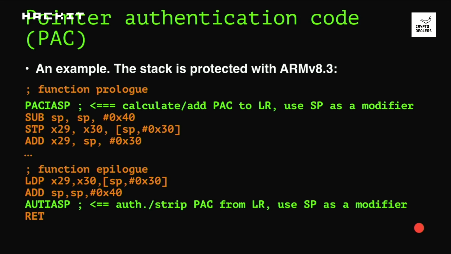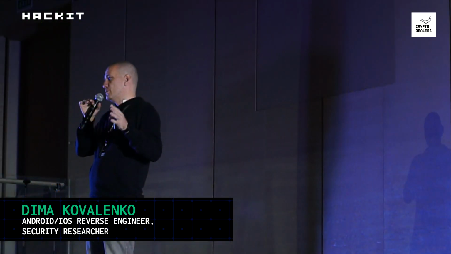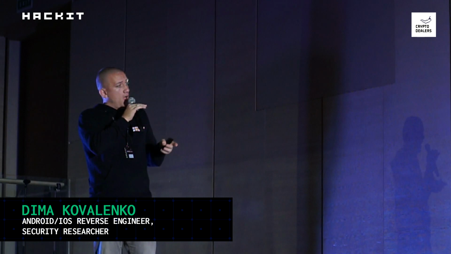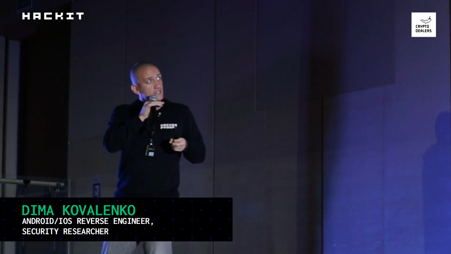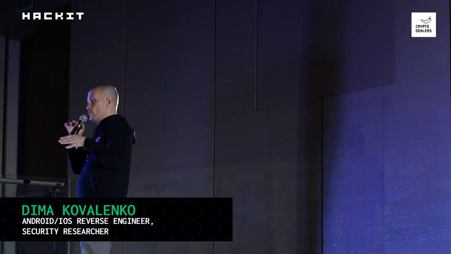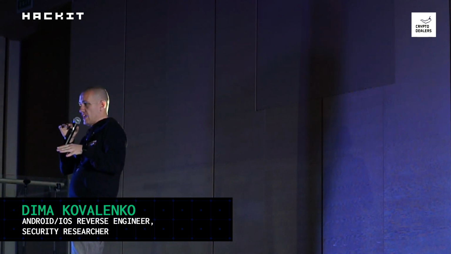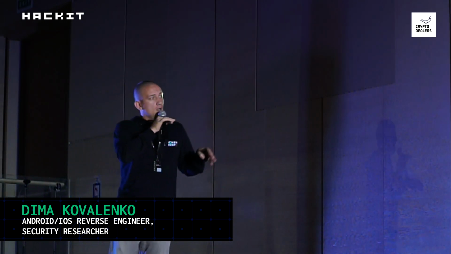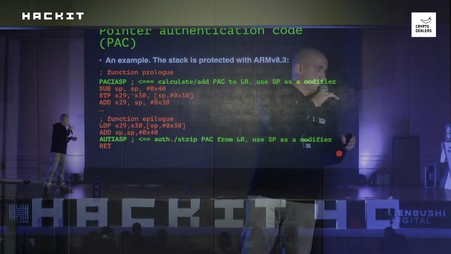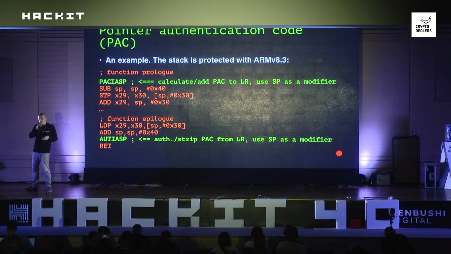First, the link register will not be altered, will not be overwritten inside the procedure. And the second thing is the stack pointer, saved in the virtual memory, will stay the same at the end of the procedure. In the function epilogue, we use another instruction to check and strip the pointer.